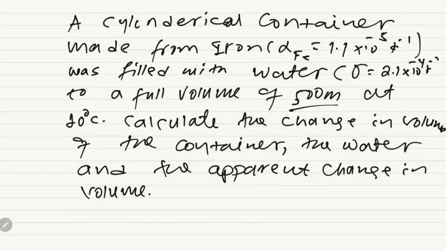The volume is 500 ml at 10 degrees Celsius. You are supposed to calculate the change in volume of the cylinder or the container, the change in volume of the liquid, and the apparent change in volume at 110 degrees Celsius. So let's do this.